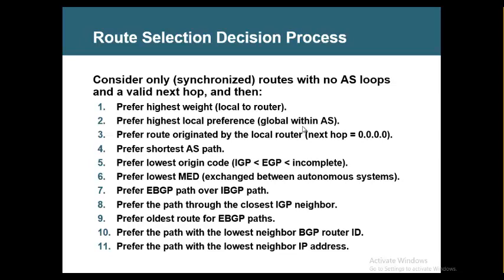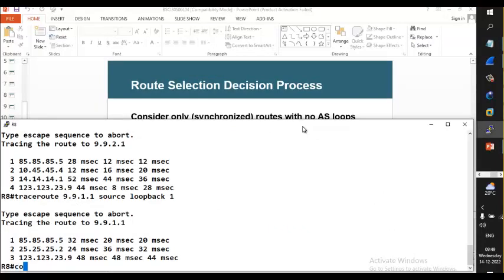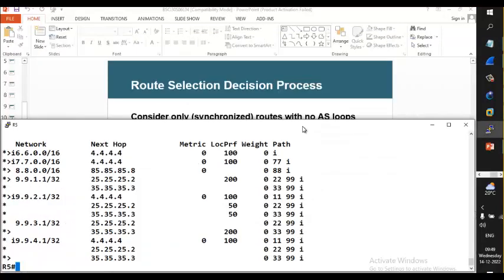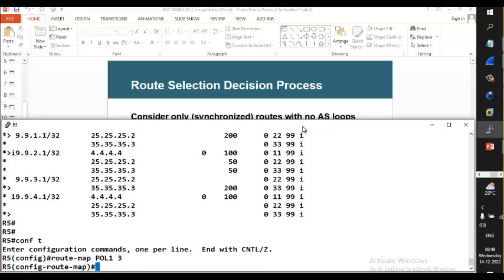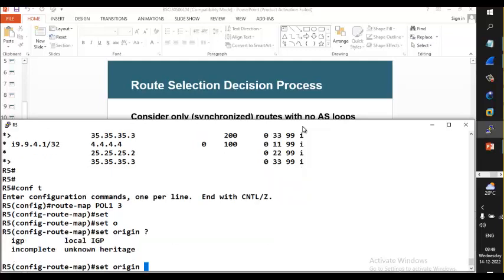So you can tune the path using origin code also. So the command is available in the route map. Let me show you that once again. We did a lab on this, but still now to remind you, I'm doing this. For example, here if you see set origin, you see I or question mark, incomplete or question mark.